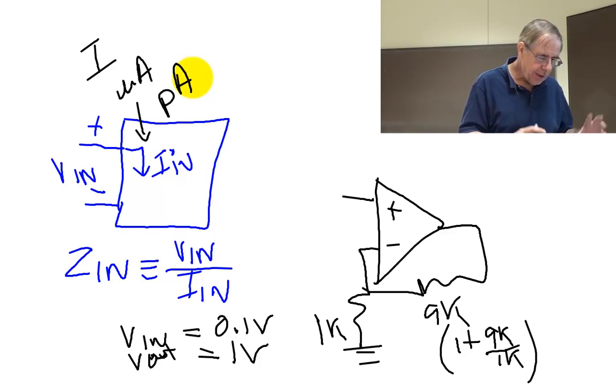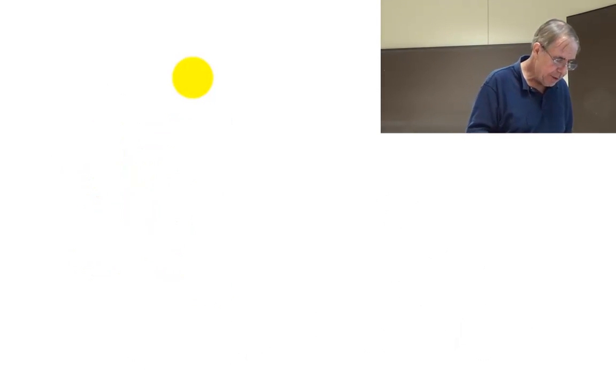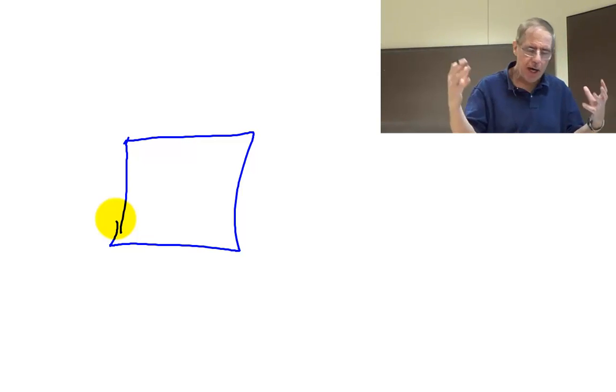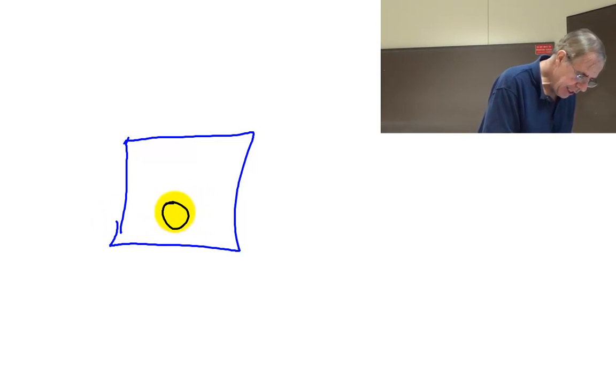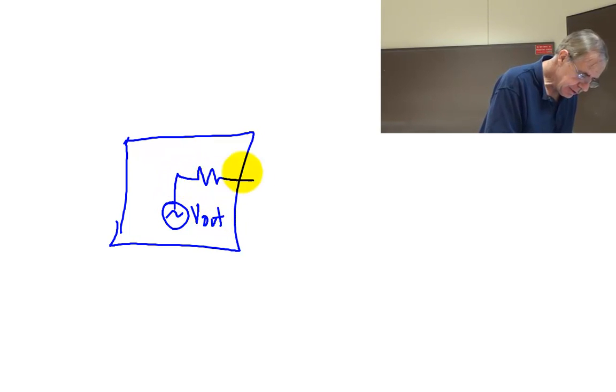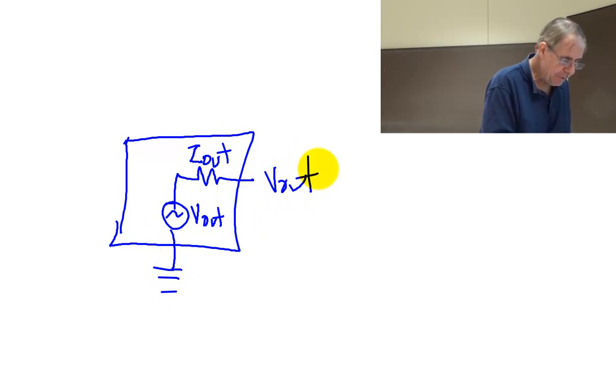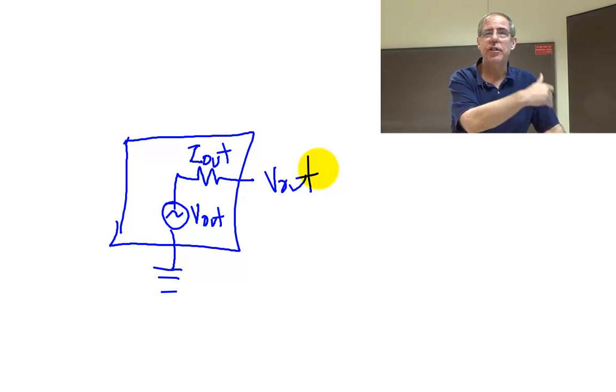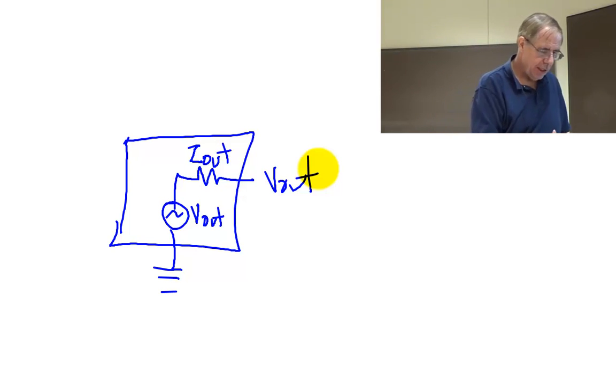Okay. Let's look at another one. Let's look at the output impedance. The way we're going to model output impedance is to take a beautiful, perfect, ideal power supply and add a series resistance to it, and that will be the definition of our output impedance.